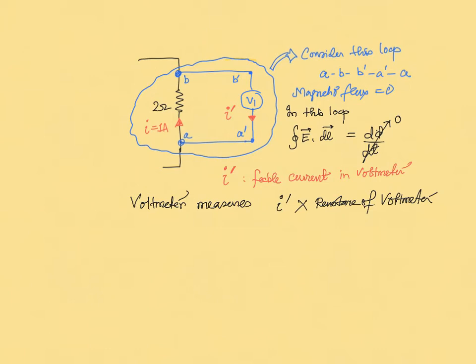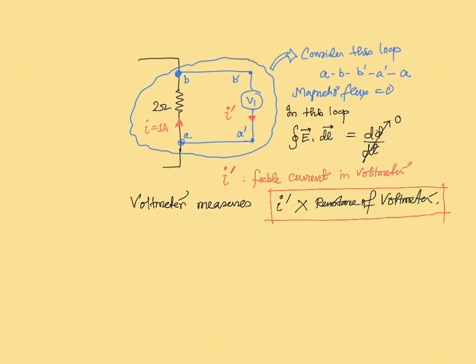For conservative fields, it happens to be equal to potential difference. So it is not that intelligent like us that it will know the field is conservative. The voltmeter does not know whether the field is conservative or not. So it measures current into resistance across it.